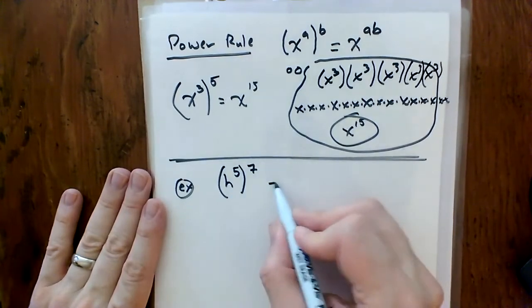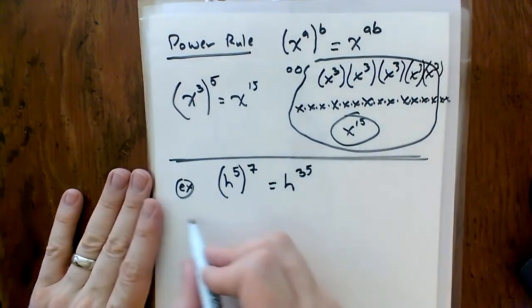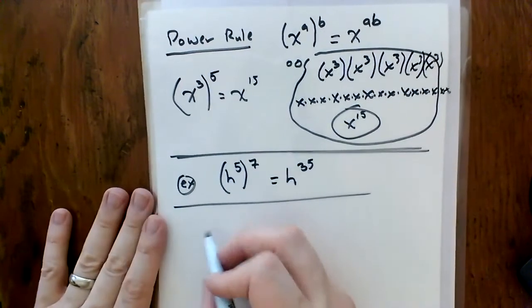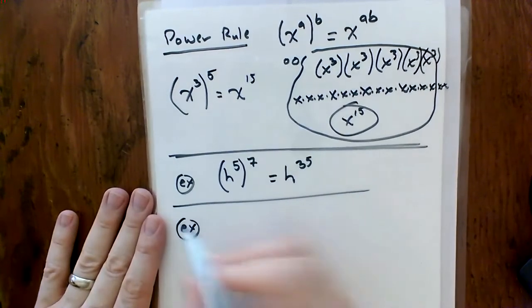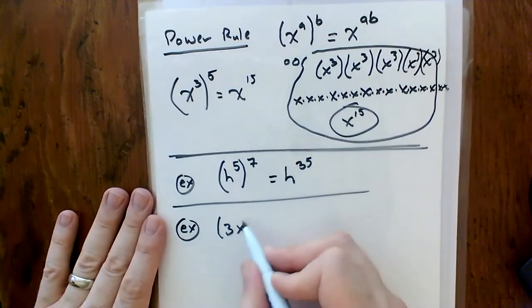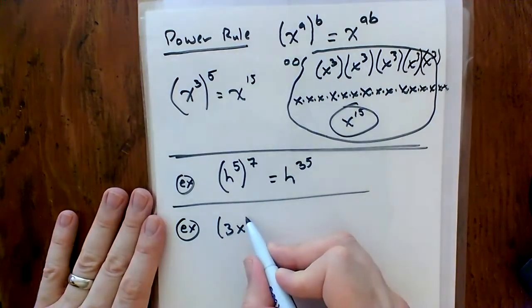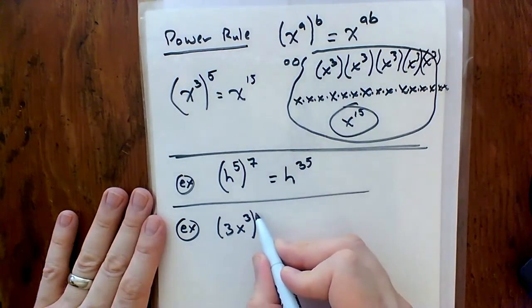Now, this is going to be h to the 35th. 5 times 7, 35. I could do something even more exotic. I could say, oh, let's do 3x cubed, and I'm going to square that.